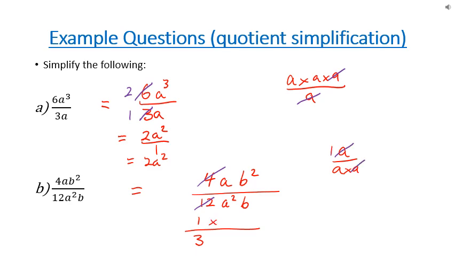So this becomes times 1 times a. And then b squared over b. B squared is actually b times b. All over b, we can cancel off a b and a b. So that leaves us with b over 1. Right, remember, it's all multiplication here. So this simply leaves us with b over 3a.